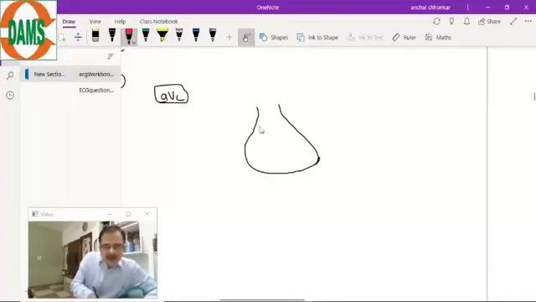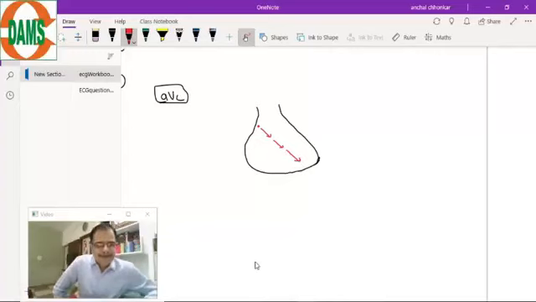Here is the normal depolarization direction.